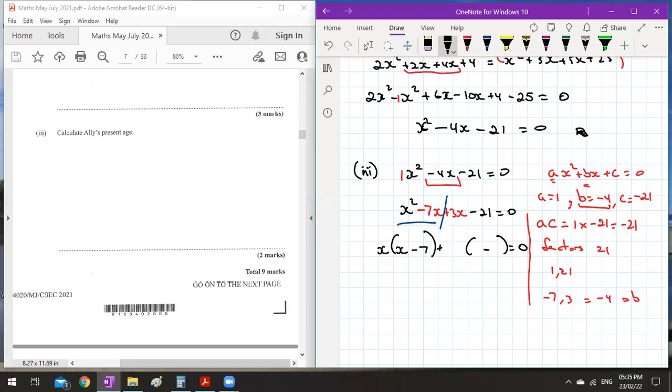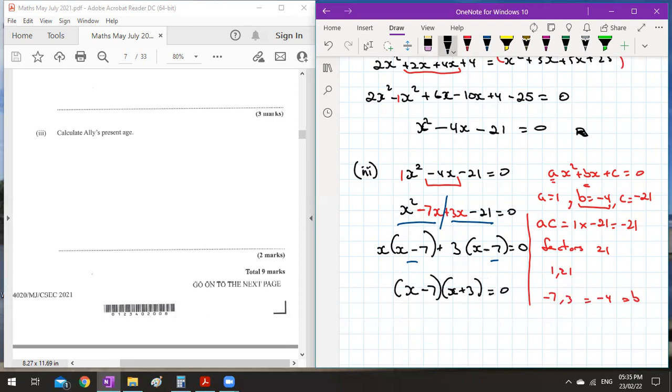You can see that the common factor in the second half is 3. So 3x divided by positive 3 will give us x. 21 divided by 3 is 7. The brackets are exactly the same, so they can be factored out one more time. So x minus 7, and we open the next pair of brackets to say x plus 3 is equal to 0.